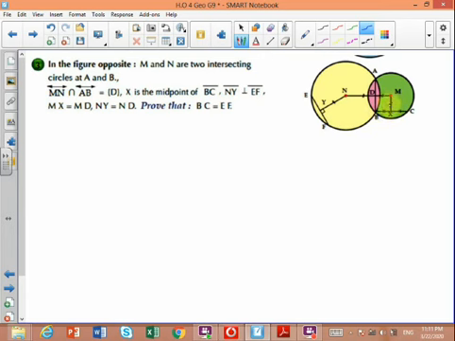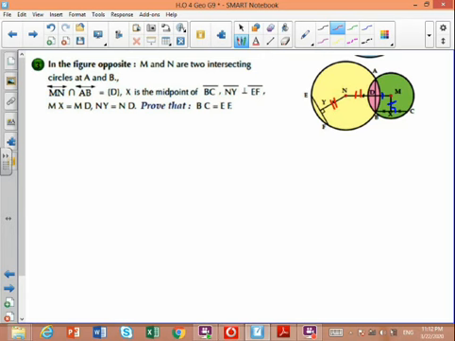When this comes from the center and X is the midpoint, it means that this is perpendicular. NY, where is NY? NY is perpendicular on EF. At the same time, MX and MD are equal. These two are equal. And ND, NY are also equal in length.